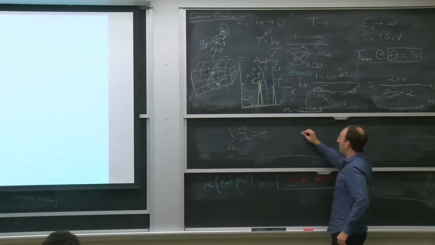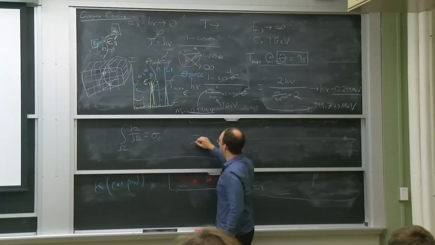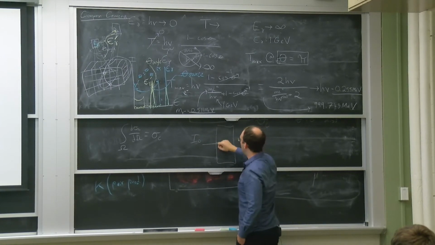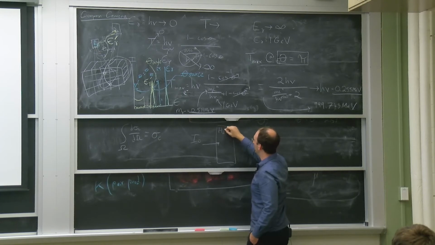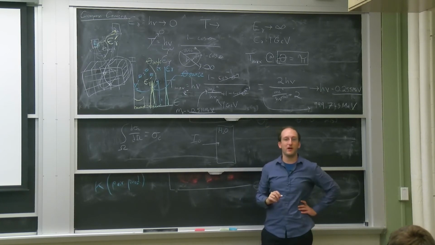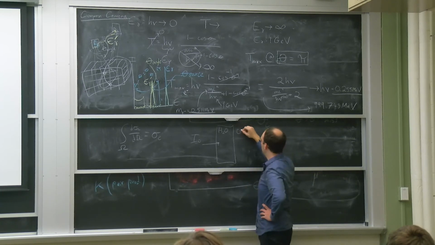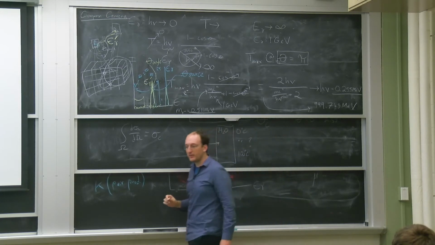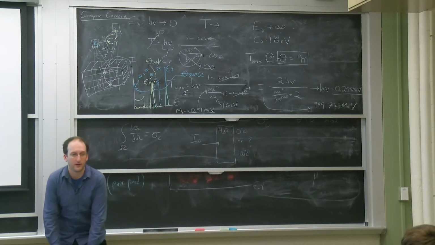So let's say we have a beam of photons of intensity I naught, and we're sending it through a tank of water. And the question is, do you want to keep this water at 0 Celsius or at 100 Celsius? What's the difference in shielding between freezing and boiling liquid water?